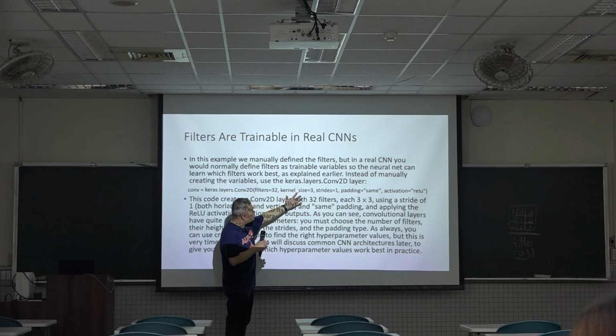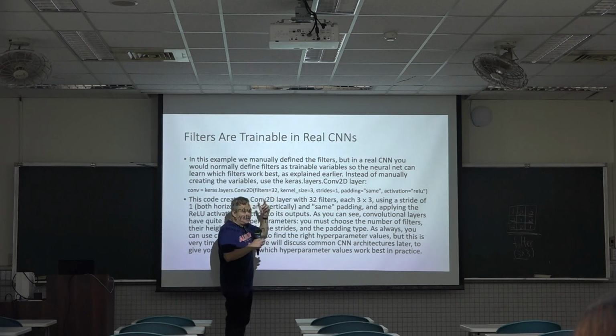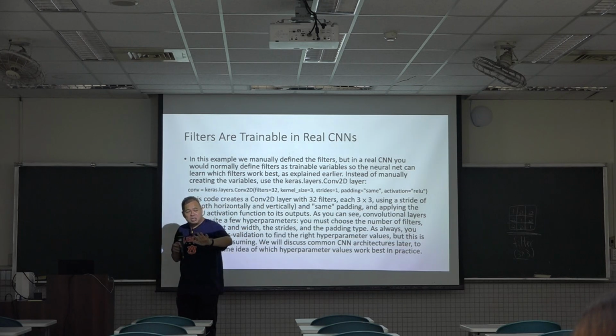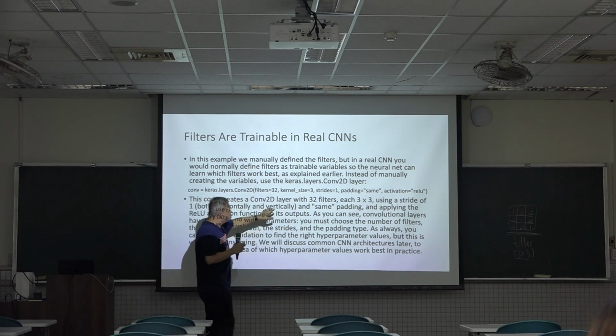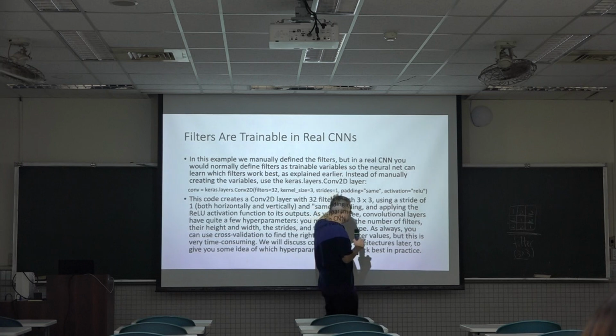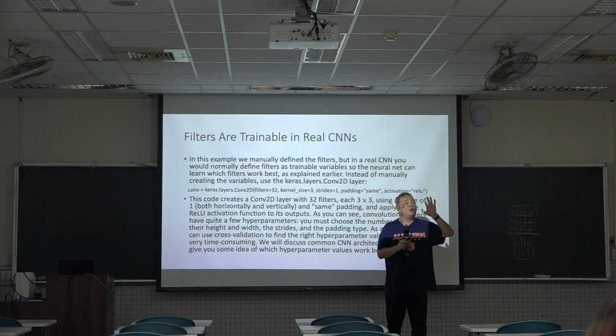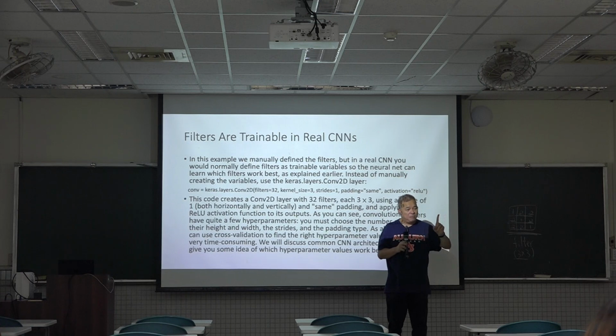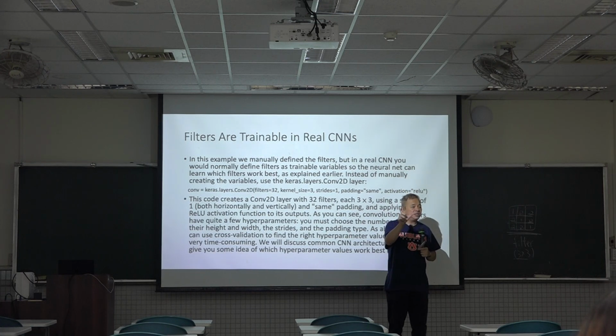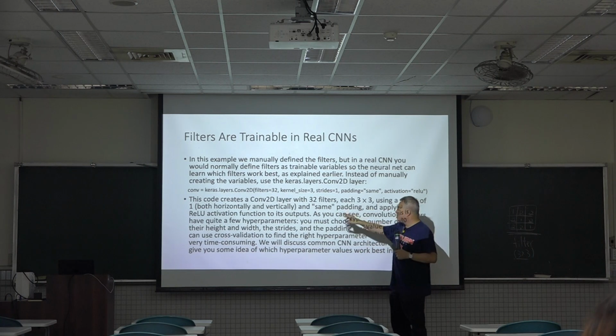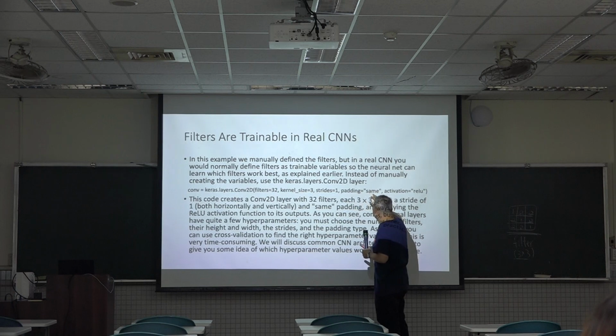Kernel size equal to 3 means each filter is of size 3 by 3. Stride equal to 1 means the vertical and the horizontal strides are both 1. As I said, a lot of the time the vertical and horizontal strides are the same. And the padding is the same.